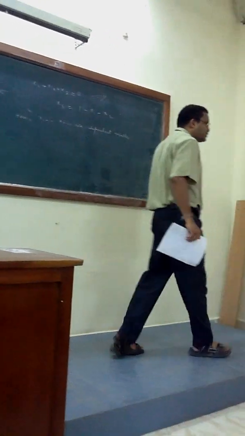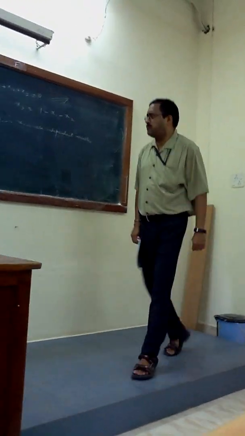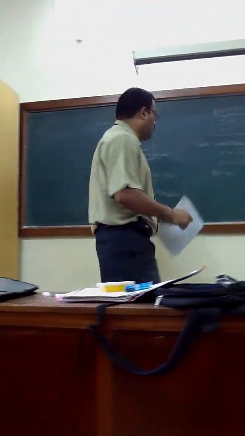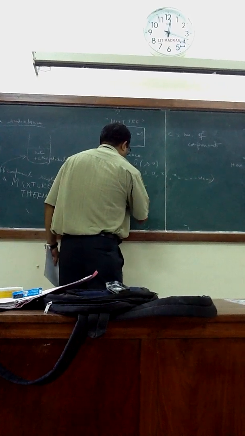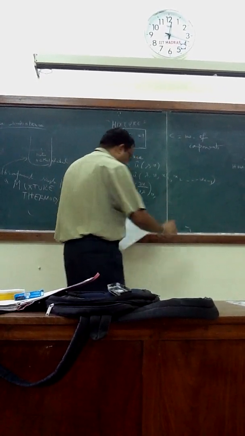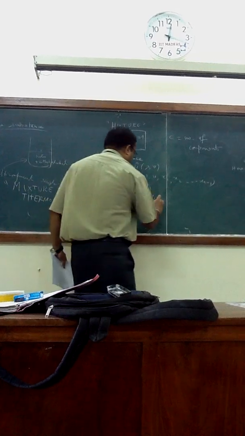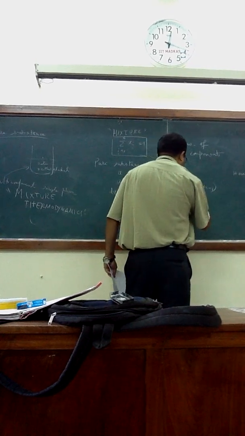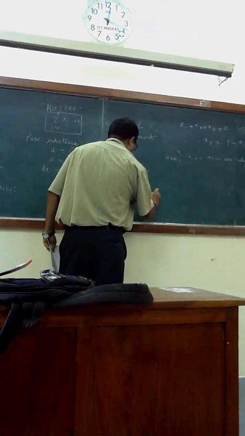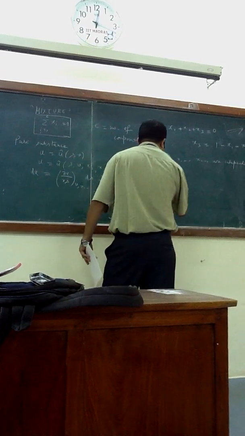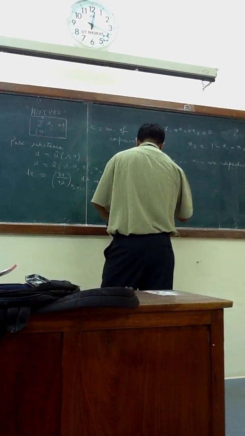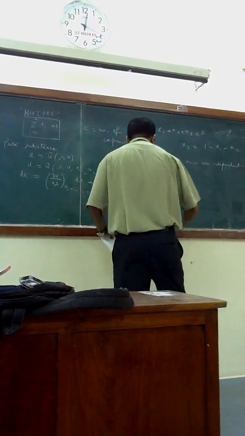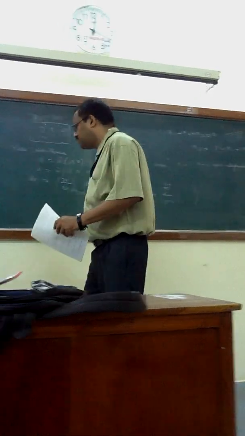By the property of differential calculus, what should dU equal? dU equals partial U by partial S at constant V and x1 to x C minus 1, dS, plus partial U by partial V at constant S and x1 to x C minus 1, dV, plus summation j equals 1 to C minus 1. What should it be?